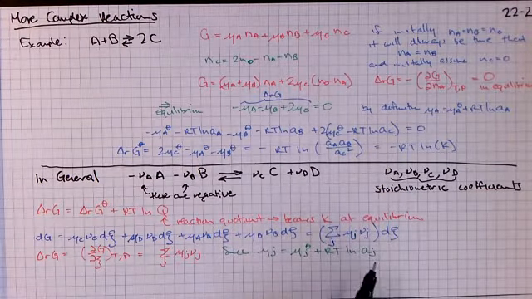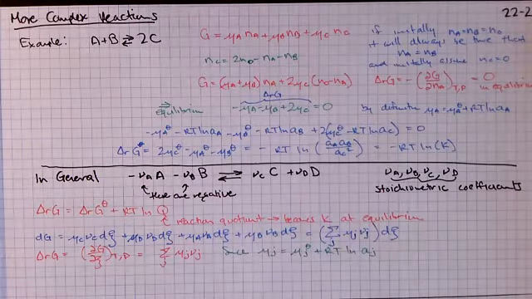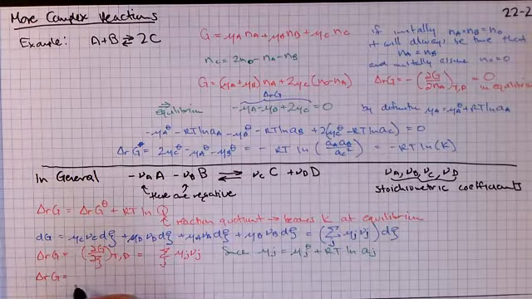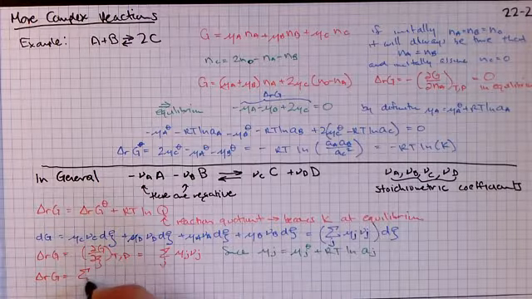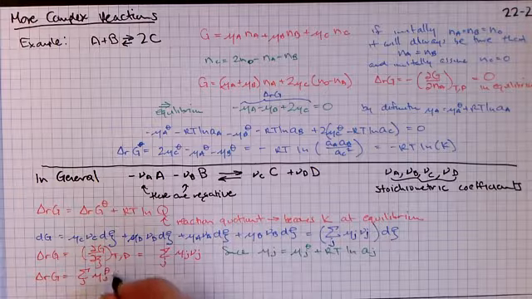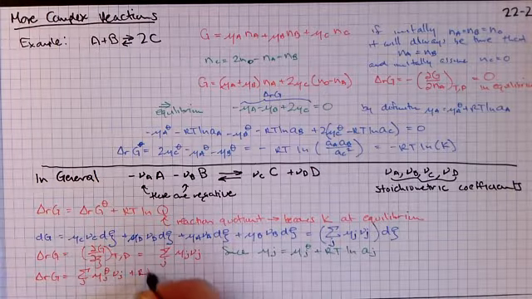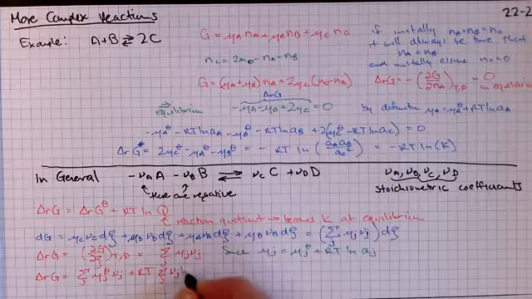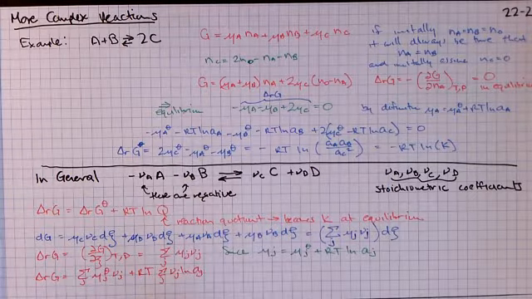Then we know we can rewrite our delta RG as the sum over J of mu J in the reference configuration times nu J plus RT times the sum over J of nu J natural log of AJ, right?